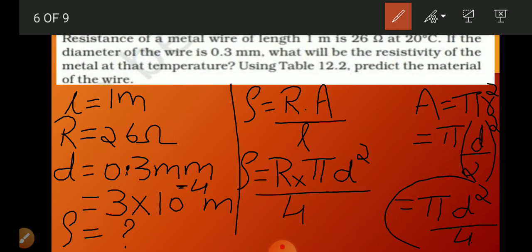In the denominator here L was there. So formula rho equal to R into pi d square divided by 4L. So we have got this formula. Now next let us substitute the values.